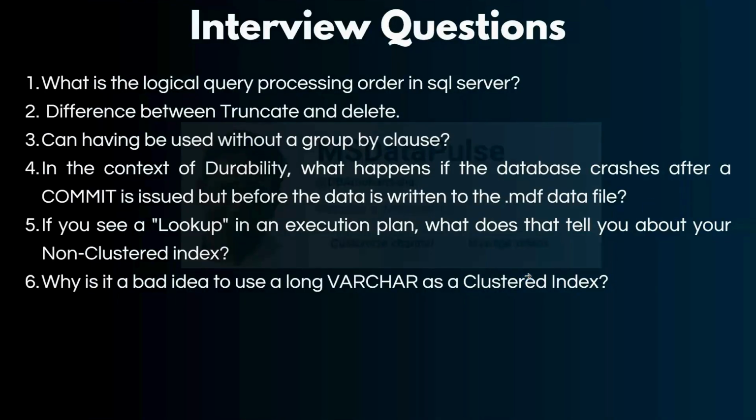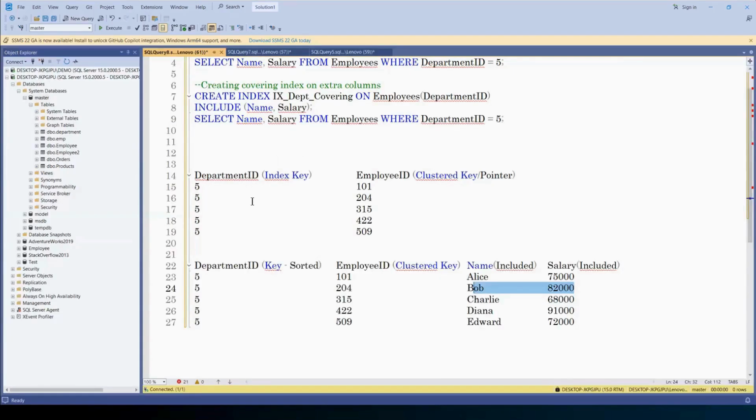Now, next is: why is it a bad idea to use a long varchar as a clustered index? Again, consider this example. Here 5 is the value of the department ID, and an int takes very little space.